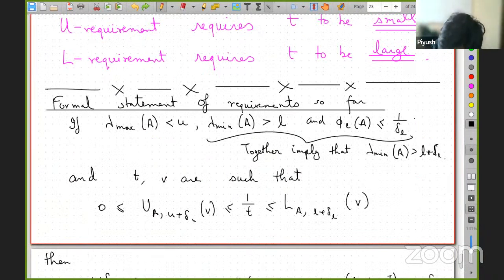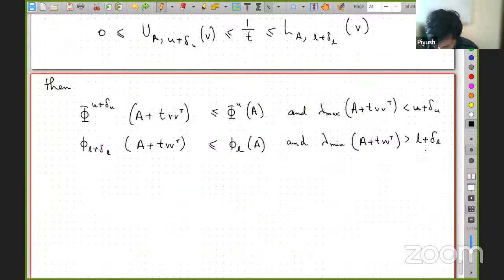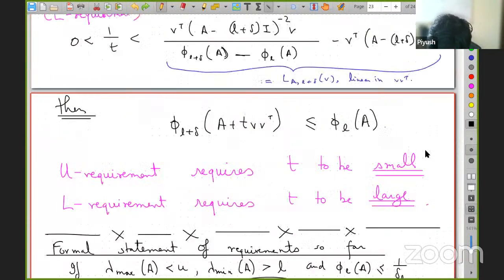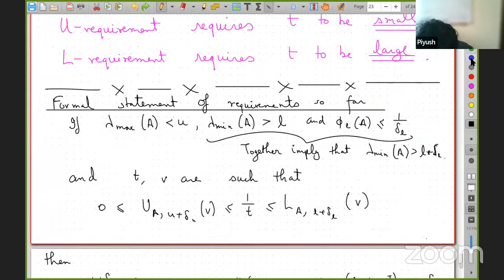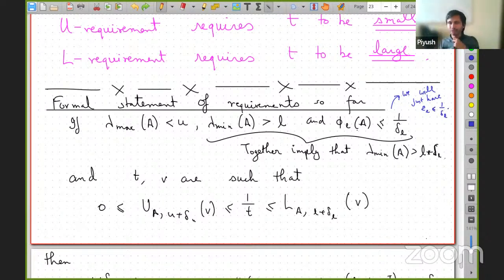So remember that this will be true if 1 over delta L is bigger than epsilon U, right? So we'll be satisfied by epsilon less than 1 over delta. Okay. So then this will be true because phi L of A is going to be less than epsilon.